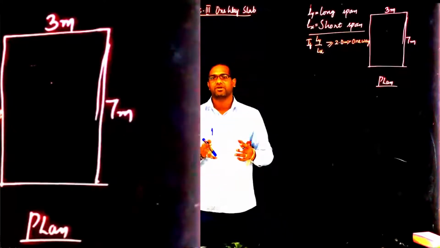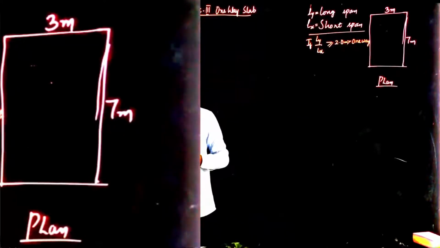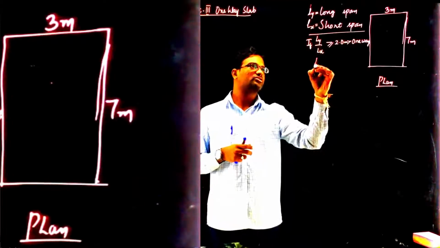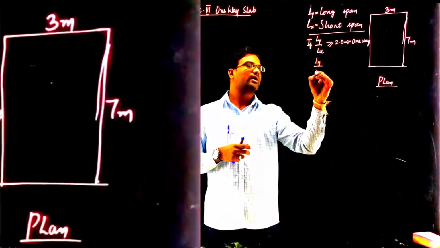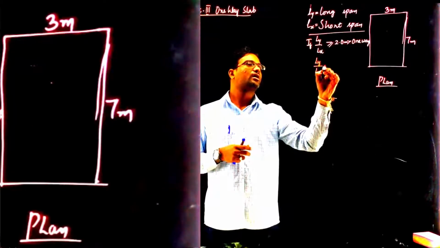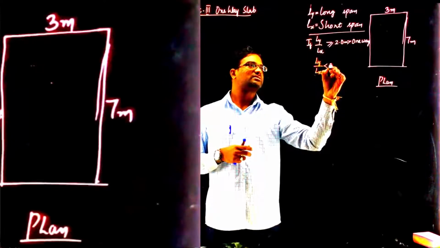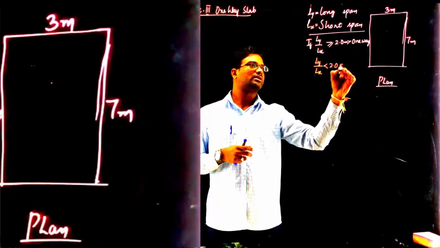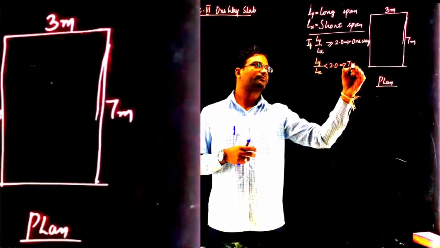If the longer span by shorter span ratio is less than 2, then that is termed as two-way.